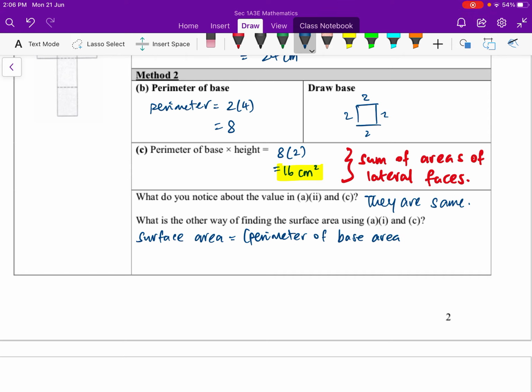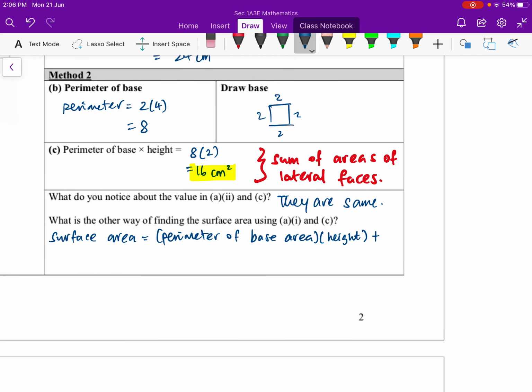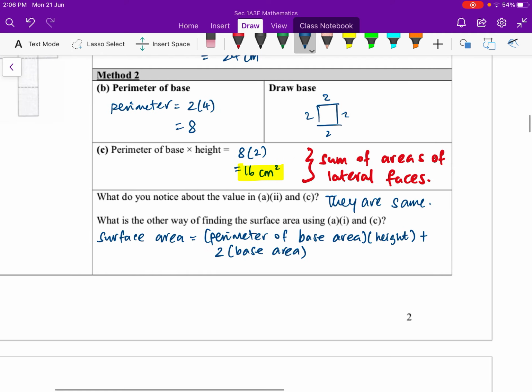So the perimeter of the base area multiplied by the height, and we still need to add the 2 base areas, so 2 times the base area. Let's see what we end up with in this case. The perimeter was 8, height was 2, and 2 times the base area, where one base area was 4, and we end up with still 24 square centimeters.